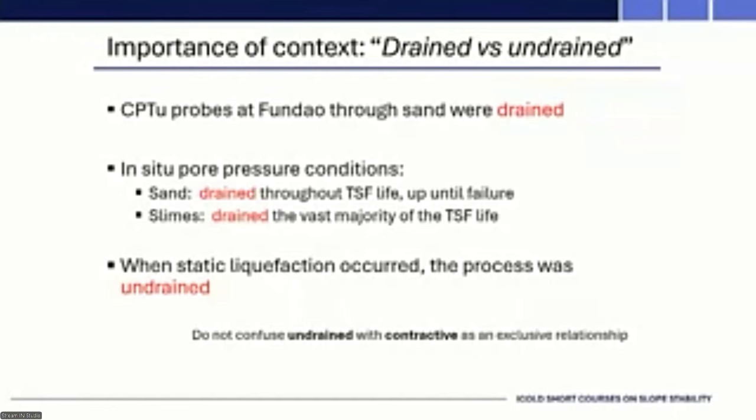As already mentioned in the previous presentation, CPTu tests at Fundao in the sand were drained. That doesn't mean it behaved in a drained fashion, so not to confuse undrained and contractive behavior as being exclusively related.